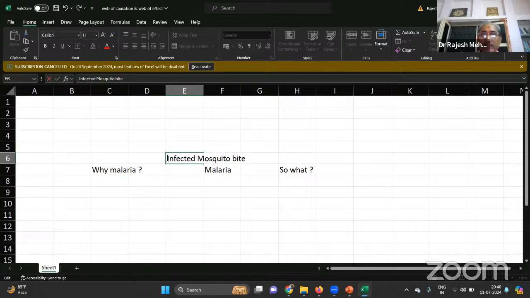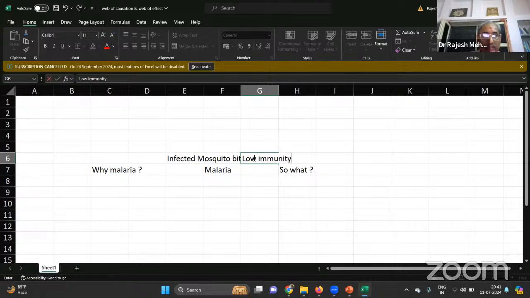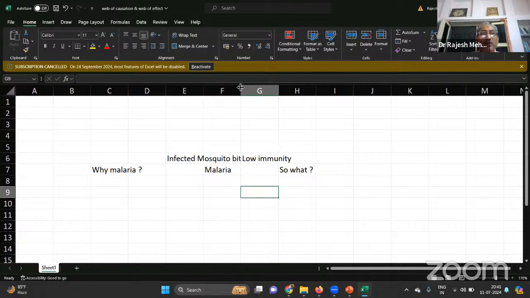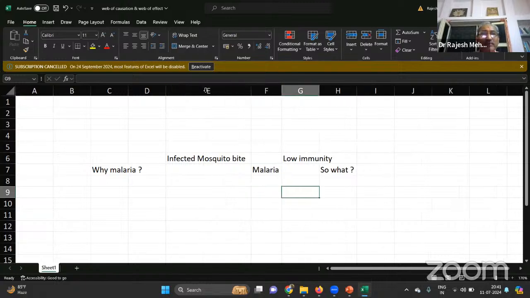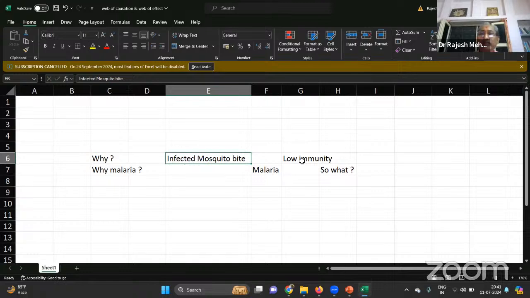And another reason could be low immunity. Now you can ask again, why? Why infected mosquito bite and why low immunity? So your answer will be somewhere over here.